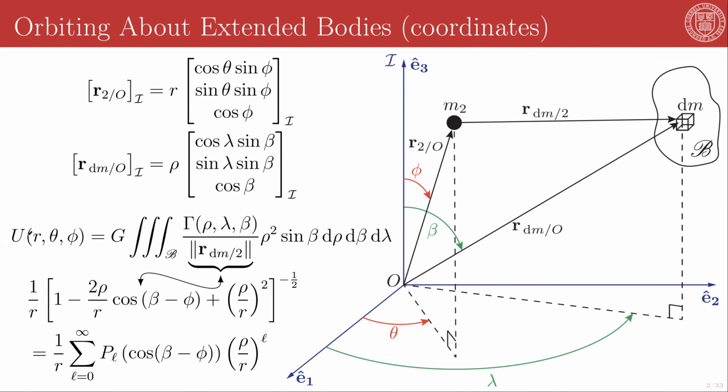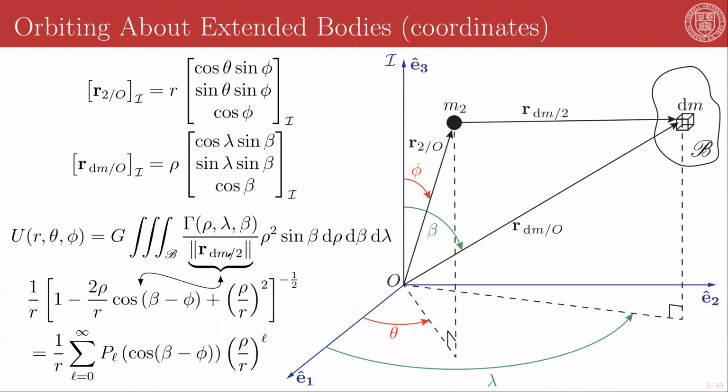And therefore, we can rewrite our previous expression for the potential U of a body at coordinates r, theta, phi, being affected by the full gravitational potential of this distributed body, as the integral over the density distribution over the norm of the separation distance between the second body and each of these differential mass elements, times the volume element in these coordinates, which you'll recall is rho squared sine beta d rho d beta d lambda.